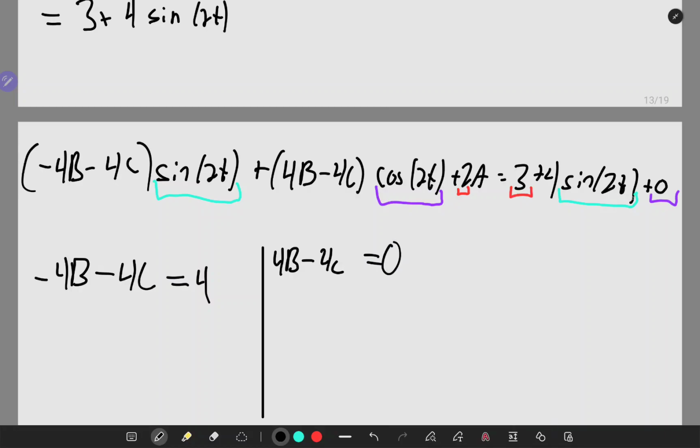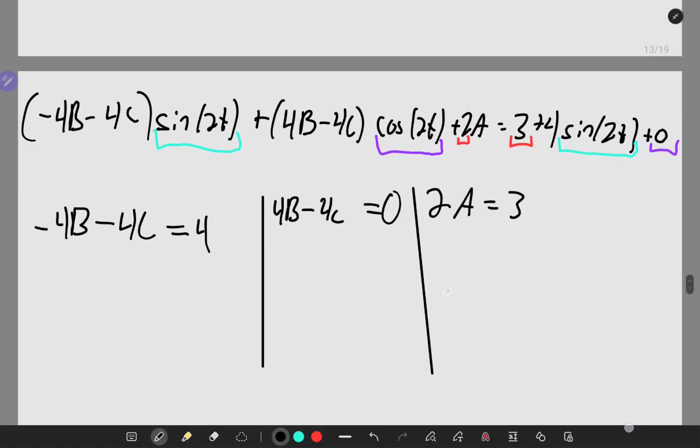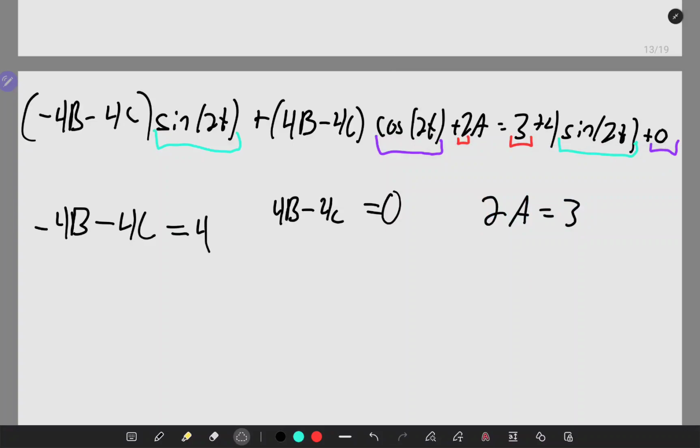We do not have a cosine term over here, specifically, we don't have a cosine of 2t term over there. Now, we have this 2a, right? So 2a is equal to 3. Yep. So now we have these three equations right here. And a is really easy to solve for, right? a is equal to 3 halves.